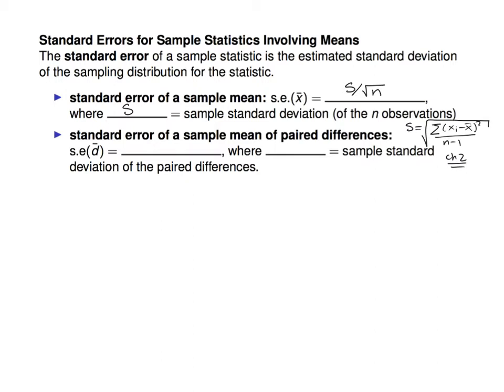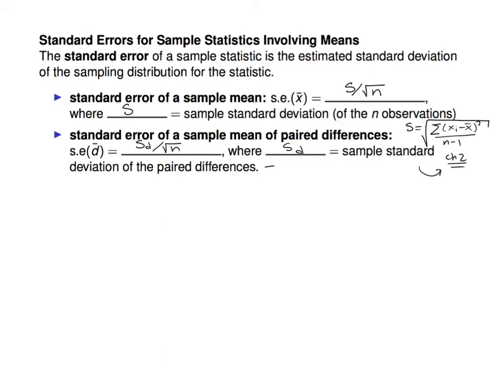And the standard error of a sample mean of paired differences is almost the exact same as the one above. It's just that you first find the differences and then apply this formula. So the proper statistical notation is S sub d over root n, where S sub d is the sample standard deviation of the paired differences.